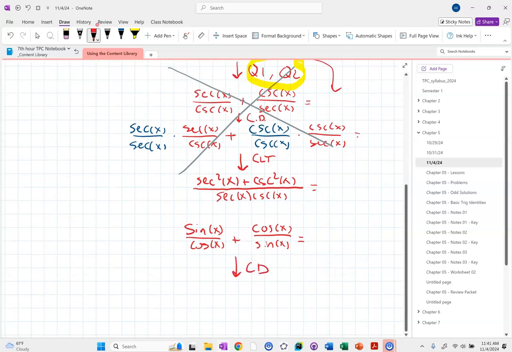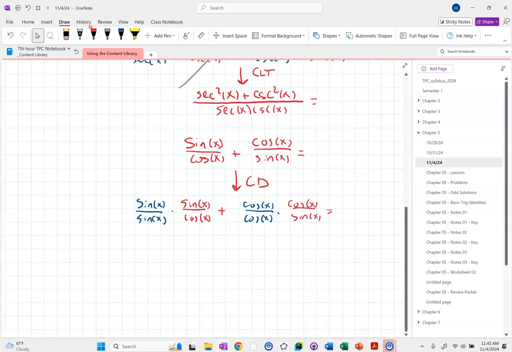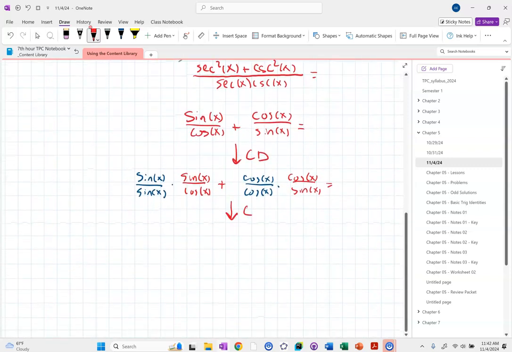And then we'll make a common denominator the same way we did before. No surprise here. We had the two fractions. So there's making the common denominator.